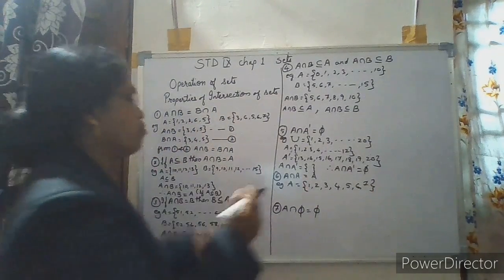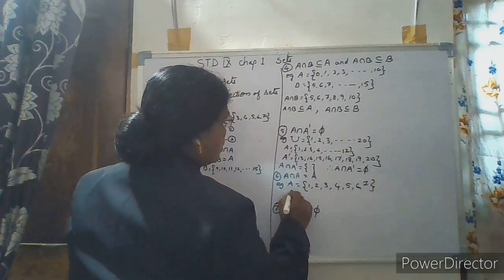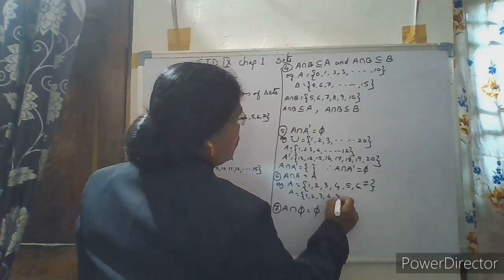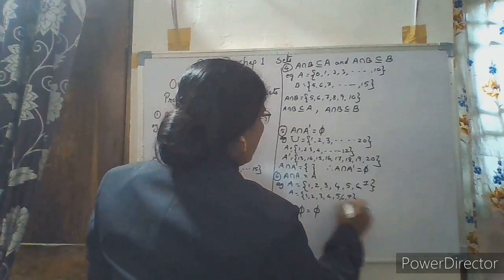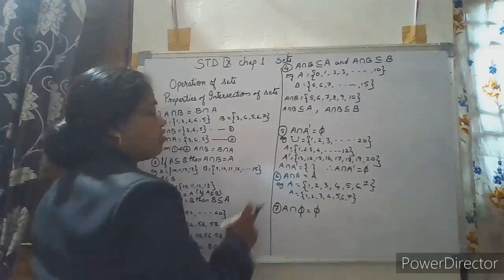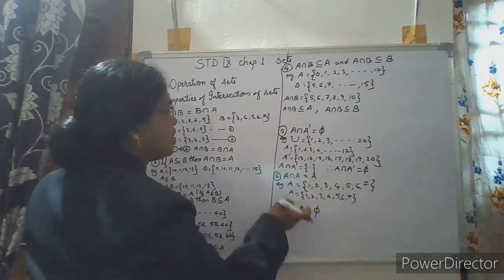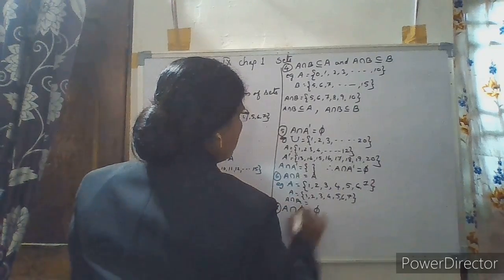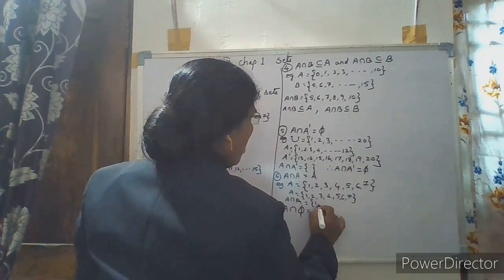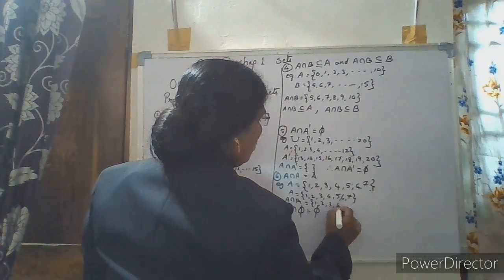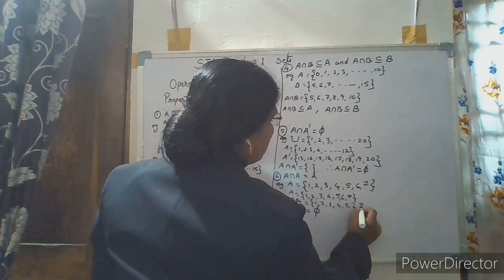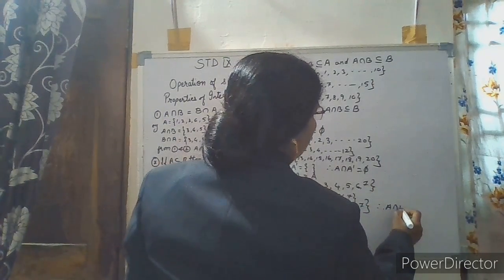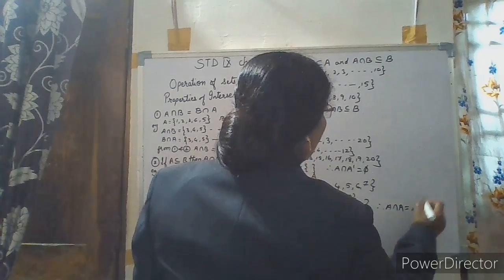For the intersection, I take set A again with the same elements 1, 2, 3, 4, 5, 6, 7. So A intersection A is equal to the same elements 1, 2, 3, 4, 5, 6, 7. Therefore, A intersection A is equal to set A.